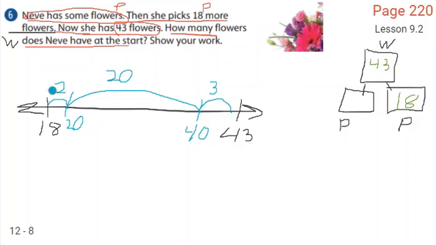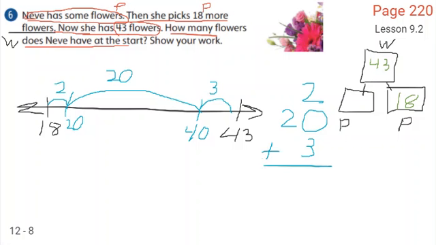So now what I can do is I can take these numbers and say 2, 20, and then 3.